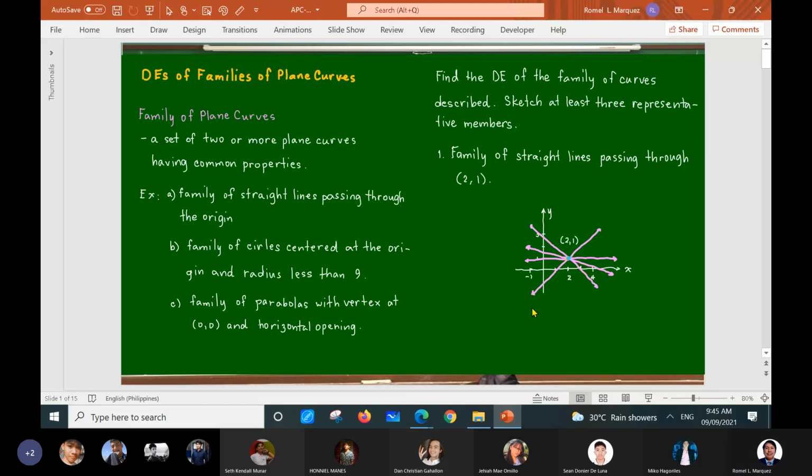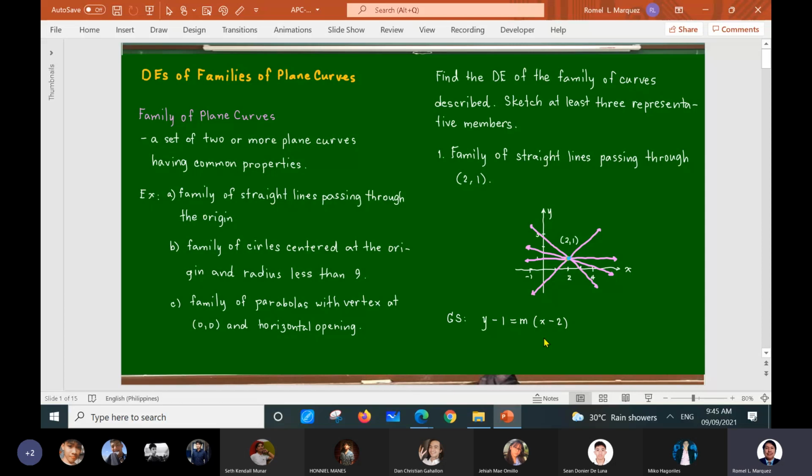What do you think? The slope, right? So how do we write the general solution? The general solution representing this family is given by y minus 1 equals m times x minus 2. Am I right, guys?